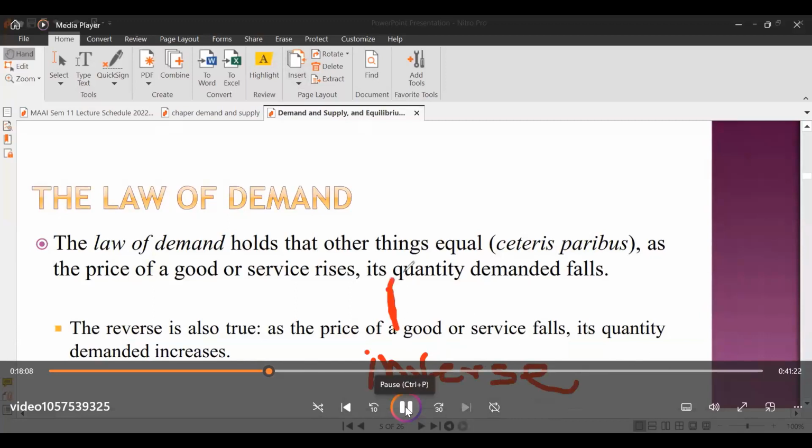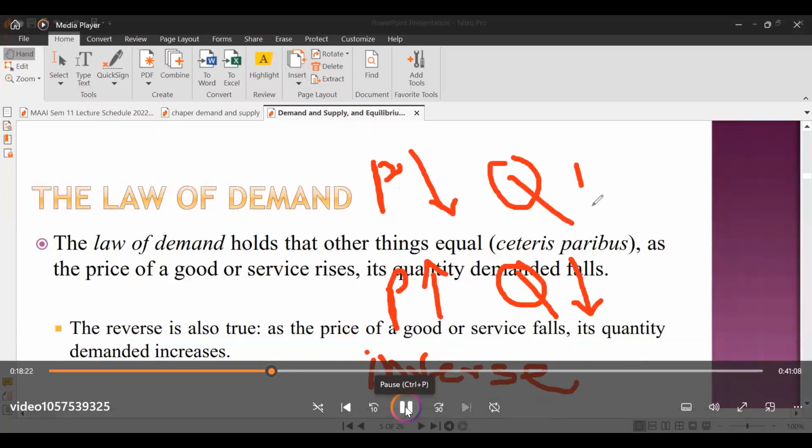That means if there is an increase in price, the quantity will decrease. When there is a reduction of price, quantity will increase. That is why the demand curve has a negative slope. If there is an increase in price, the quantity demanded will decrease.